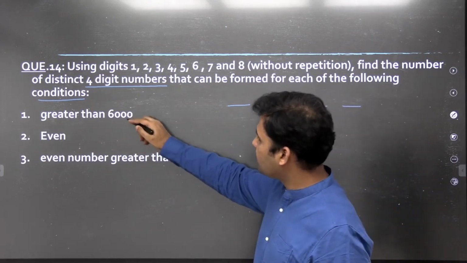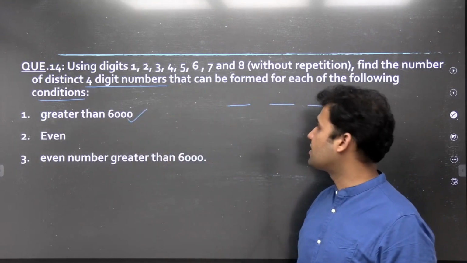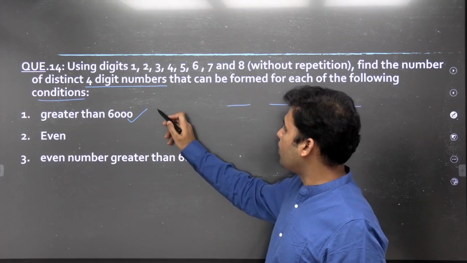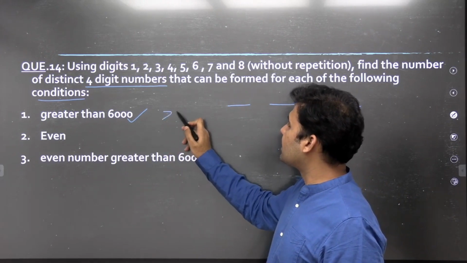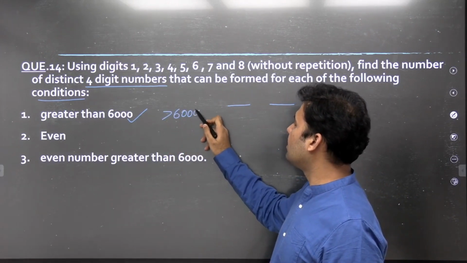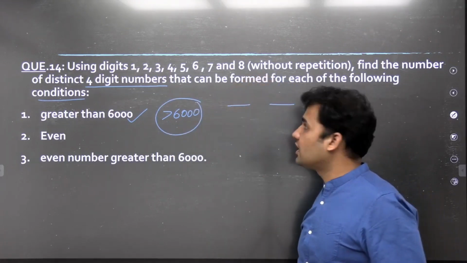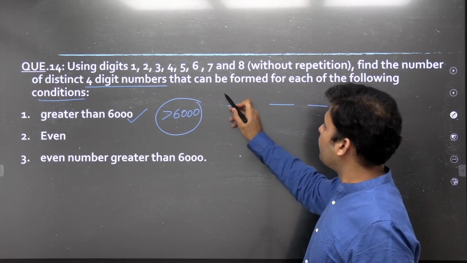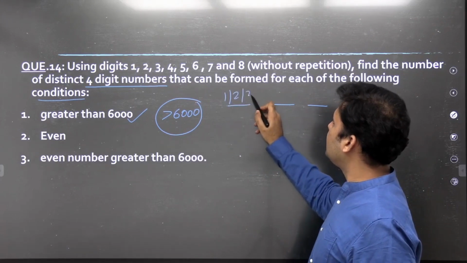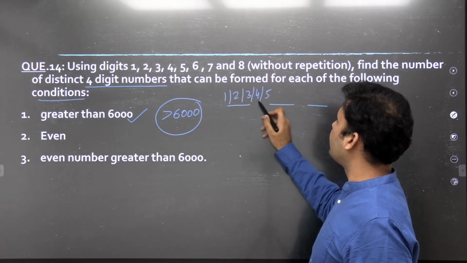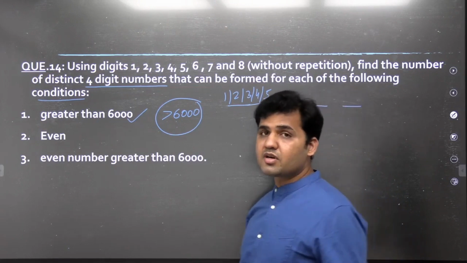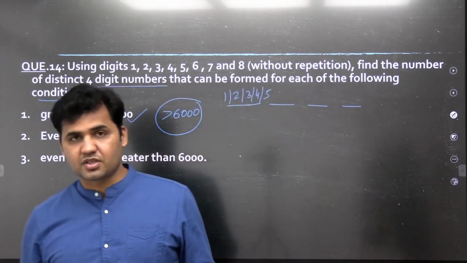The first condition is the number should be greater than 6,000. Guys, if I want to make a number which is greater than 6,000, all you have to consider is the first digit. If you place 1, 2, 3, 4 or 5 at the first place, the number will not be more than 6,000.